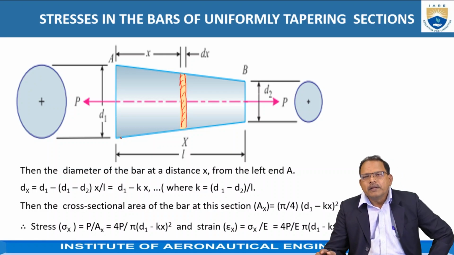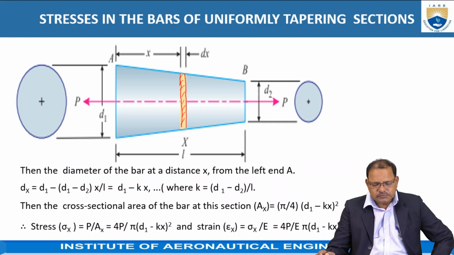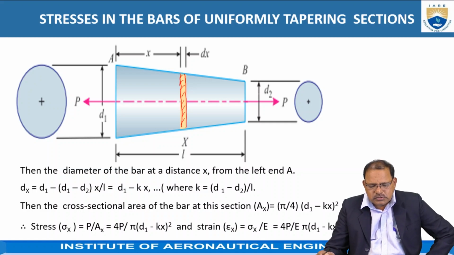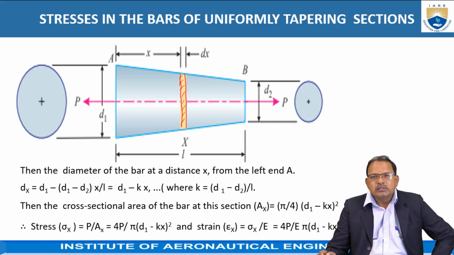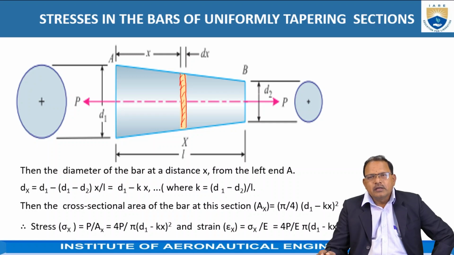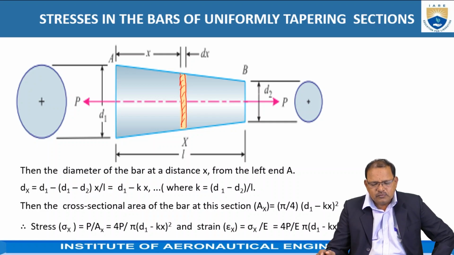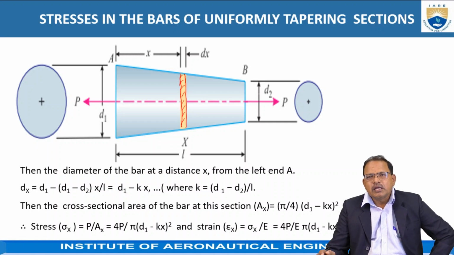First of all, let us determine the stress acting on this elementary area. dx represents its length at a distance of x. First, we determine the area of this elementary section.